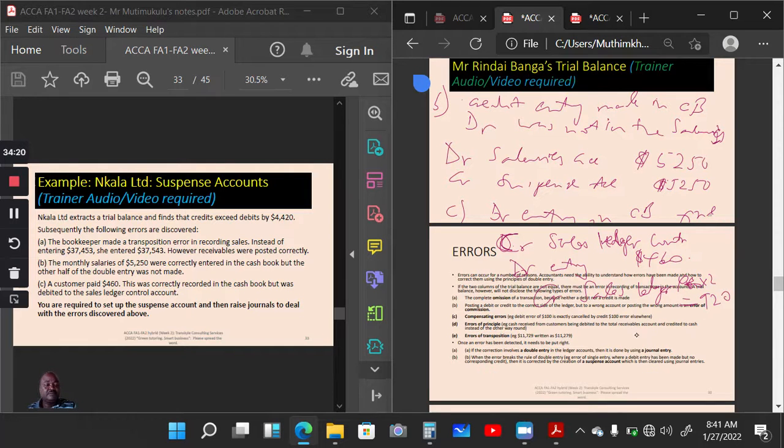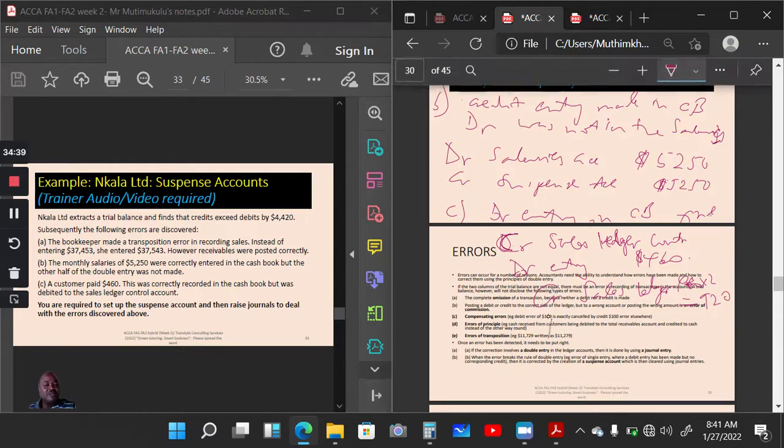So we have to credit the sales ledger control account with 920. If we are crediting sales ledger, something should be debited, and we debit suspense account with the same amount, 920.